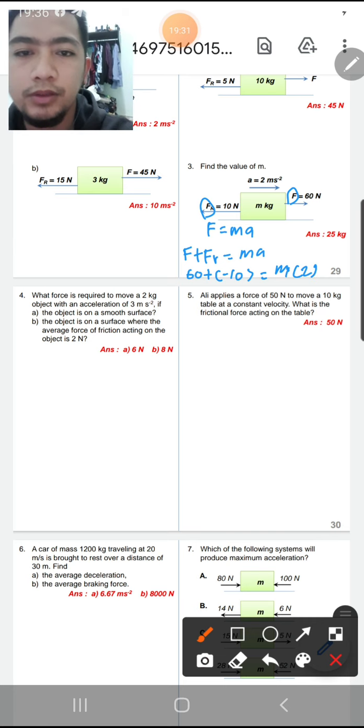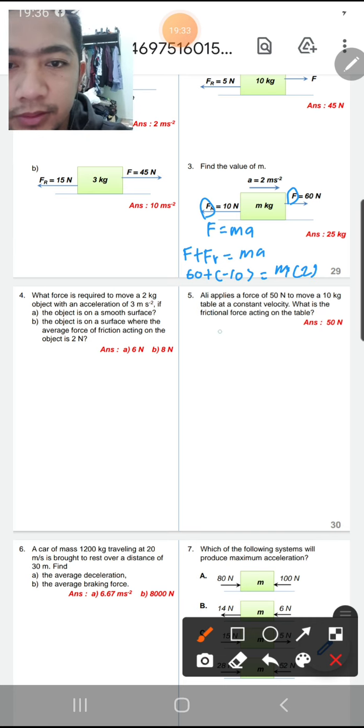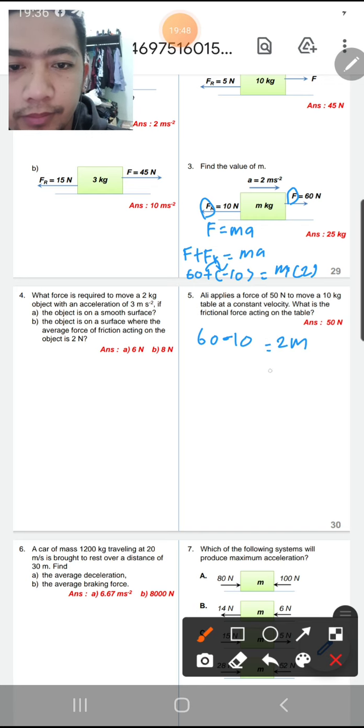Okay. So you rearrange it: 60 minus 10. Why minus? Because positive with negative, here it will become negative. So minus. So M times 2, 2M.